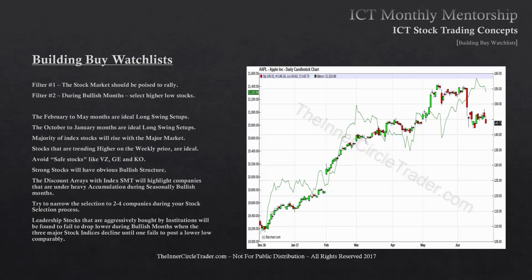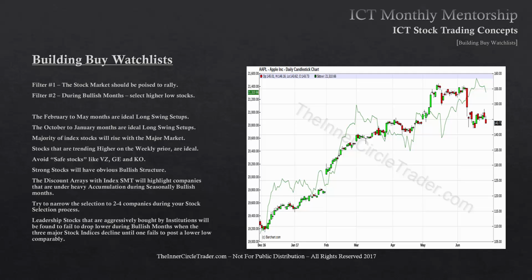So I went through and filtered out all the stocks that met the criteria of going from January into February, where the Dow Jones, which is the solid green line, is trading lower going in from January 2017, right towards the midpoint of January 2017. It made a lower low, while Apple Incorporated, AAPL stock, failed to go lower at that same time.